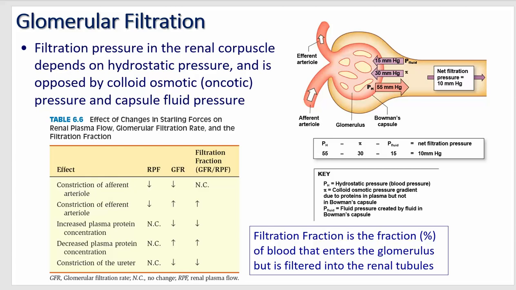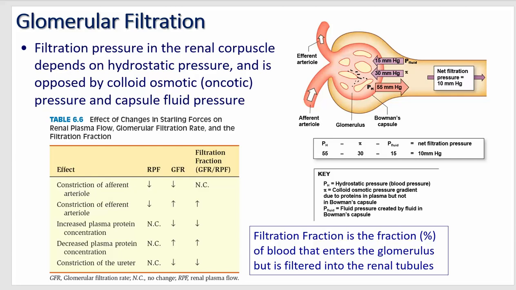So we have something here. So let's see, constriction. This is showing what happens when we constrict the afferent and the efferent, or we increase plasma proteins, and what can happen if we increase plasma proteins. That's going to decrease your GFR because you're going to have more pulling back.